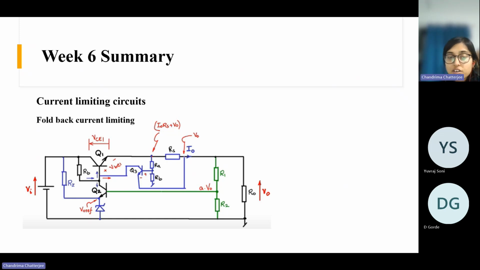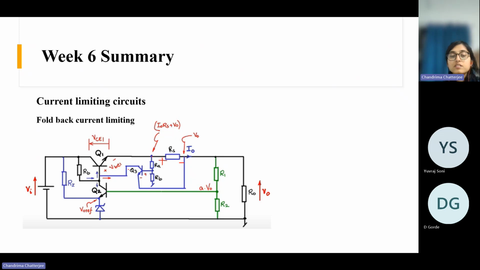And the voltage at this point is V naught, because this is the output voltage. Because there is a resistor, there is some drop I naught RS across this resistor.